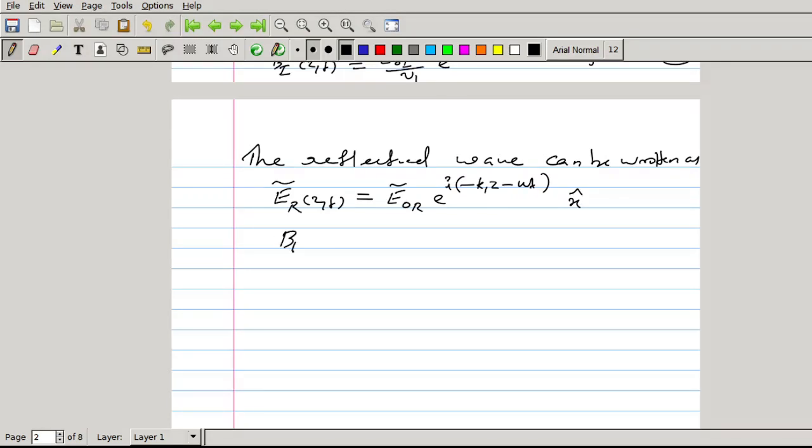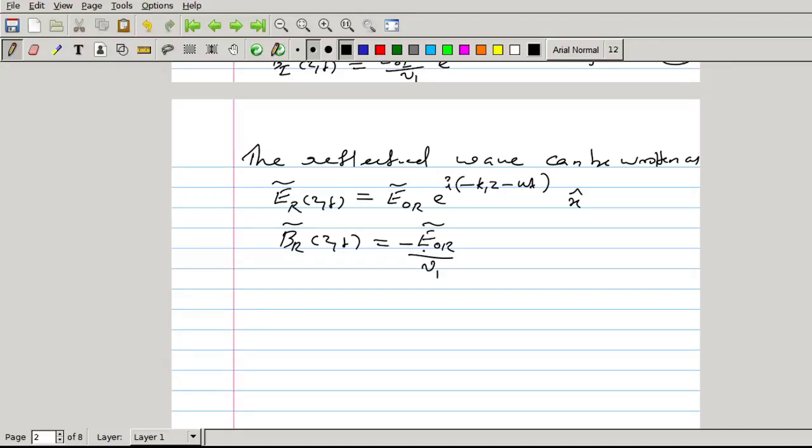Now what is B_R? B_R(z,t) for the reflected wave. Instead of B_0R, I will be writing E_0R by V1, but the direction of velocity is opposite to that of the incident wave. So I will be writing minus E_0R by V1. The incident velocity is towards the positive z direction, and the reflected wave has a velocity along the negative z direction.